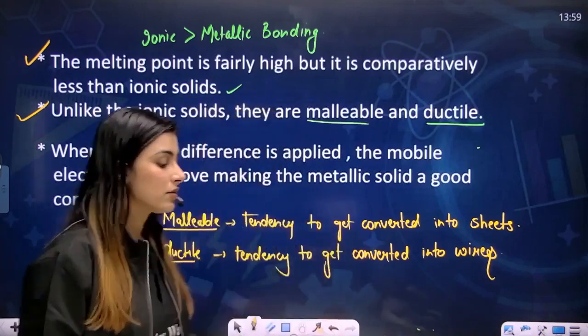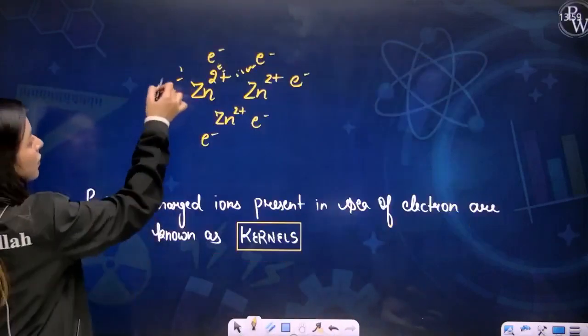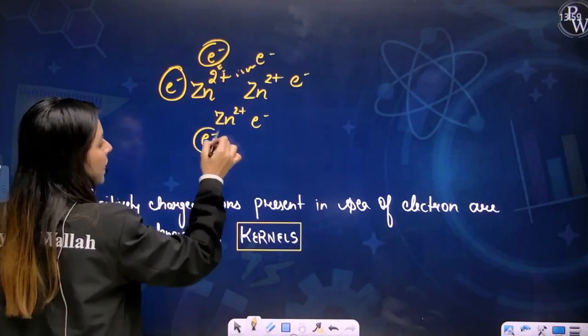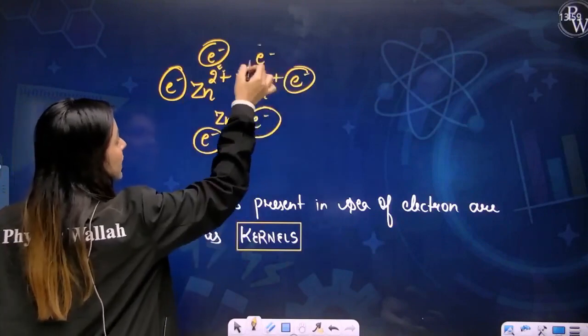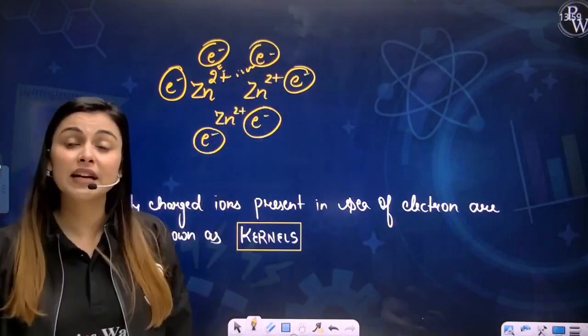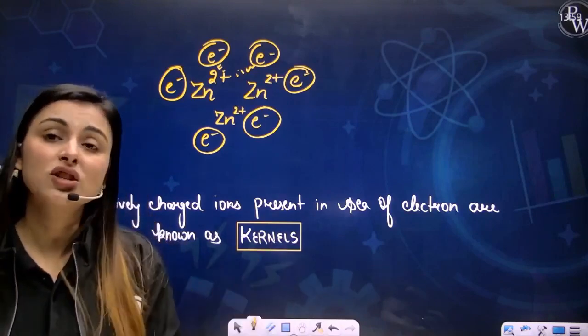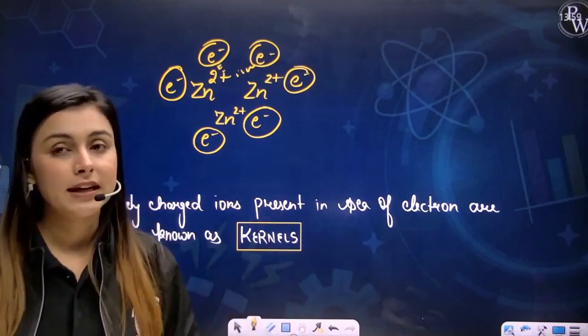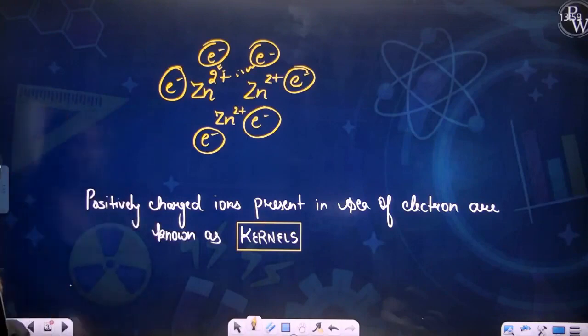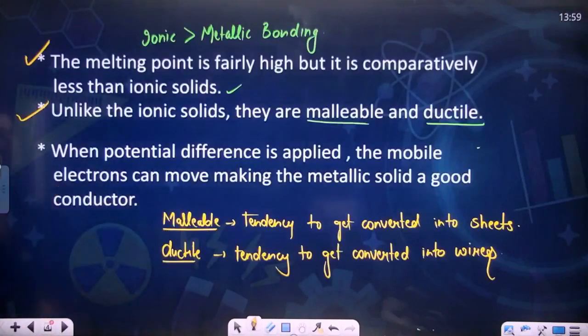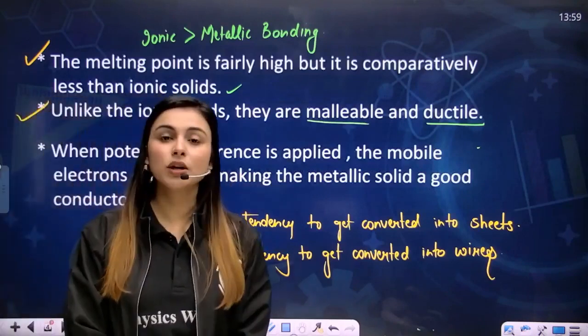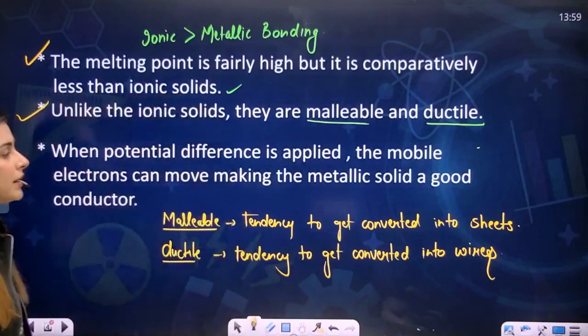Why? Because you have free electrons present. They don't have a fixed position. They are free. Since they have free electrons present, they can carry the charge and they are good conductors of electricity. When potential difference is applied, the mobile electrons can move, making the metallic solid a good conductor.